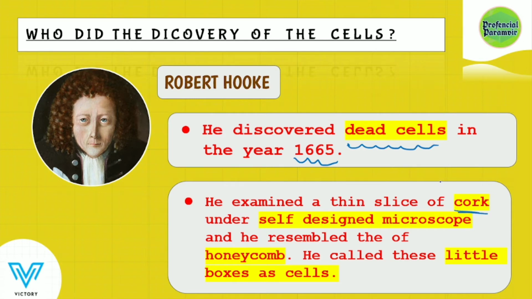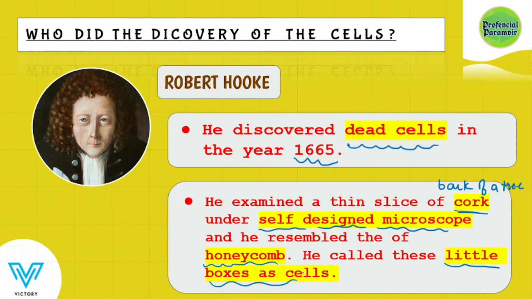What is cork? Cork is the bark of a tree. He examined a thin slice of cork under a self-designed microscope, and it resembled a honeycomb. He called these little boxes cells.